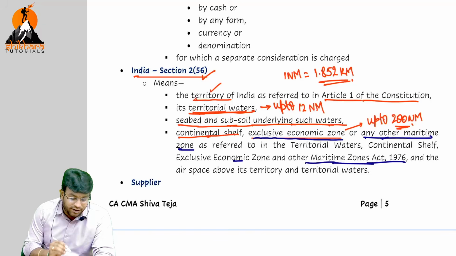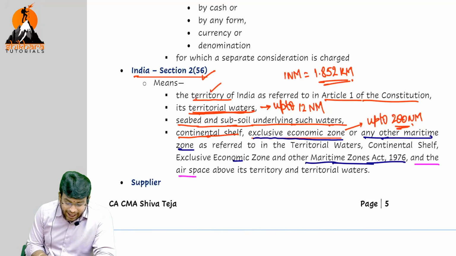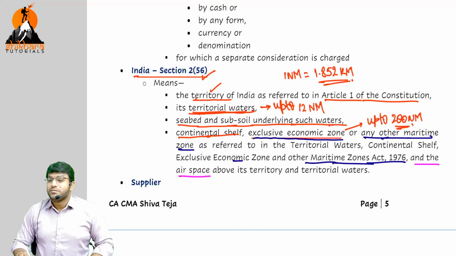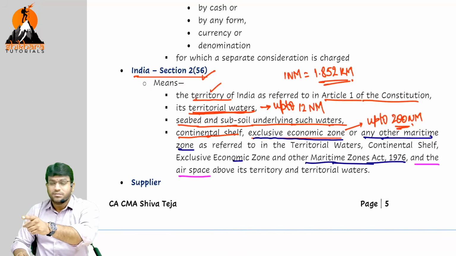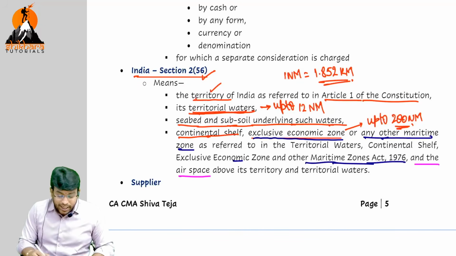All that is not relevant for you, but you should know the exclusive economic zone. And the airspace: there also you are doing something, still pay GST. Aeroplanes, we are going in the flight, still pay GST. Airspace above what?